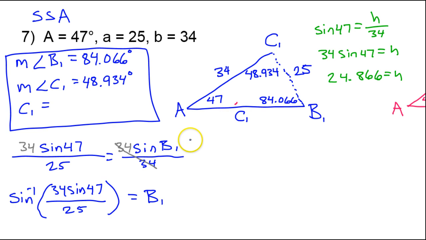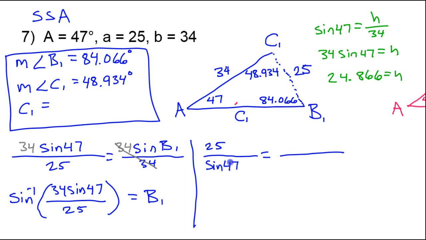Alright, now I can find the length of side C, once again doing the law of sines. Since I'm looking for sides, this time I'm going to put sides in the top. So I'm going to do 25 over sine 47 this time, and then side C1 over the sine of 48.934.